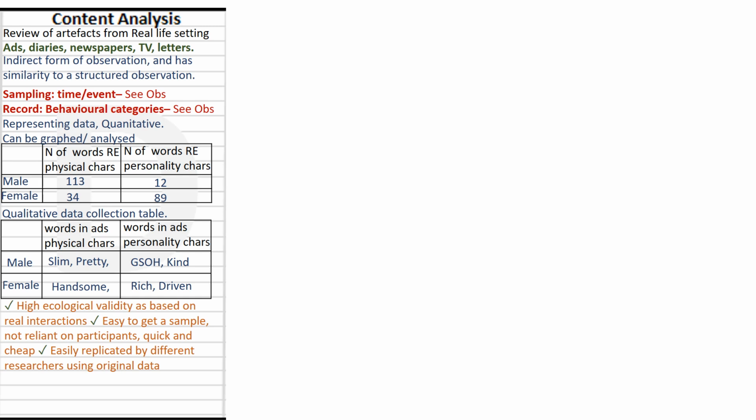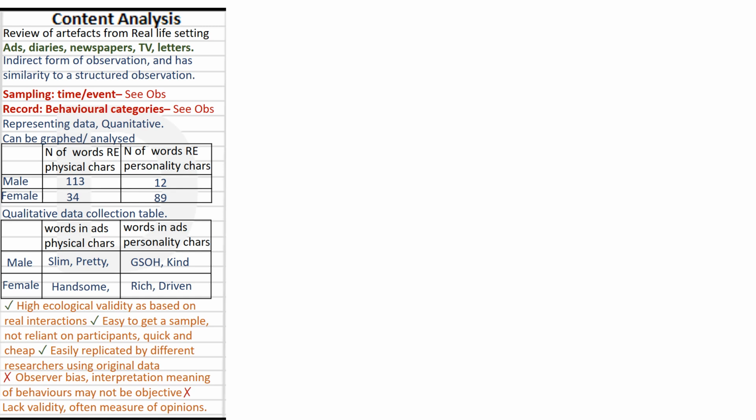For this study, it was just simply getting some newspapers with looking-for ads and doing some data analysis on it. So you're not relying, as you are in other research methods, on getting participants, getting them to come in, putting them through all the processes. To get your sample, it's very, very quick and easy. Also, if you've got the original data that you've used, it's very easily replicated by someone else. Say you're using Twitter feeds on a particular hashtag over one day and you're tracking the language that is used, you could pass that over to another researcher who could replicate your study.